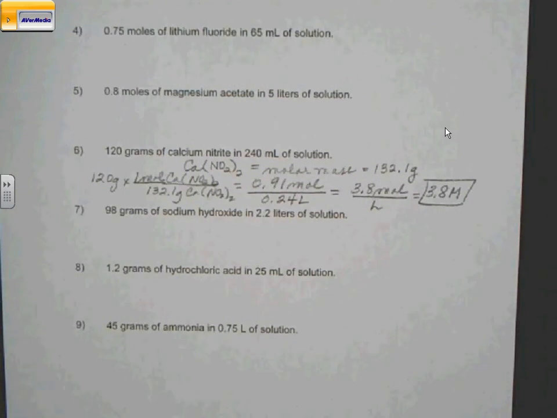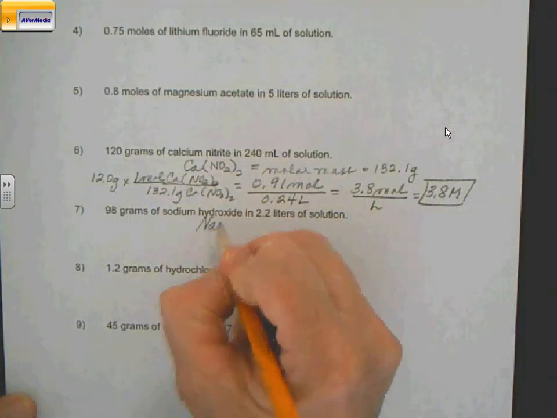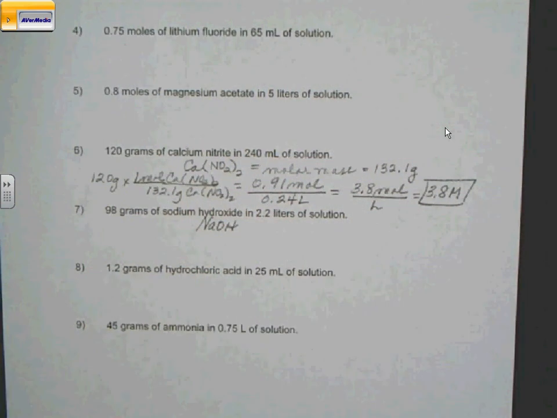So how do we write sodium hydroxide in number 7? Because that's what's going to mess you up if you forgot how to write it. NaOH. All right, good. What about hydrochloric acid? Perfect. And what about ammonia?